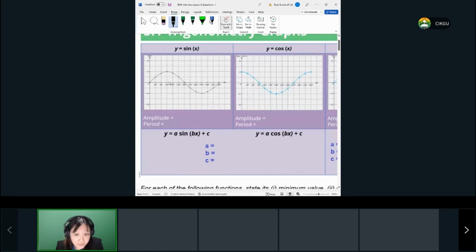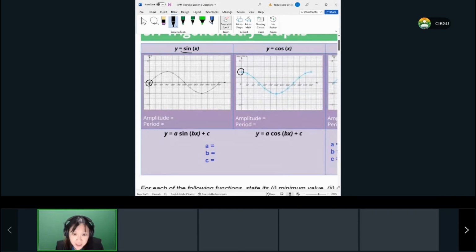The only difference is that sine starts from 0, and cosine starts from 1. The shape is basically the same, and you can keep repeating it. The diagram that you are seeing here is one cycle.